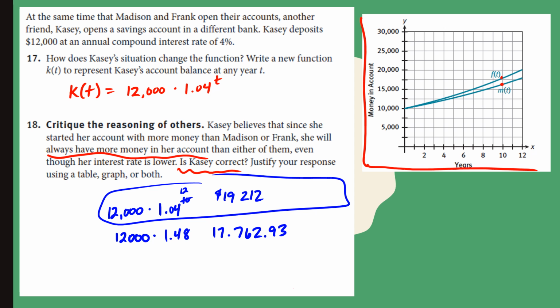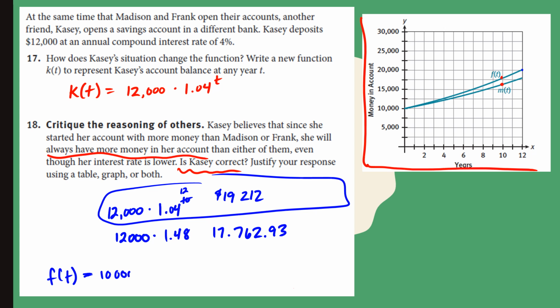And it's definitely higher than Madison's, but it looks like Frank's might be approaching something higher than 20 there. So what you might have to do is plug in something like 20 years, let's say, for f of t for Frank's.